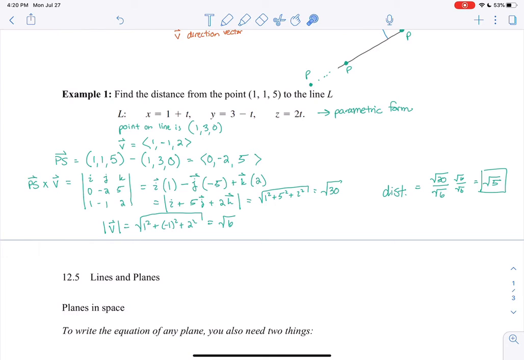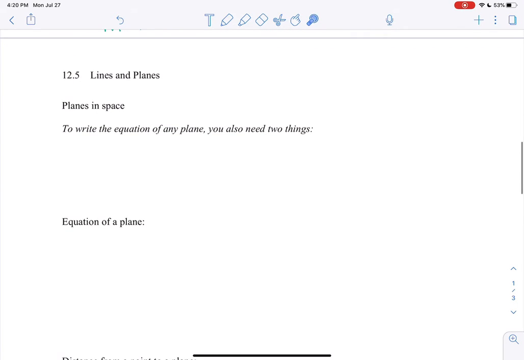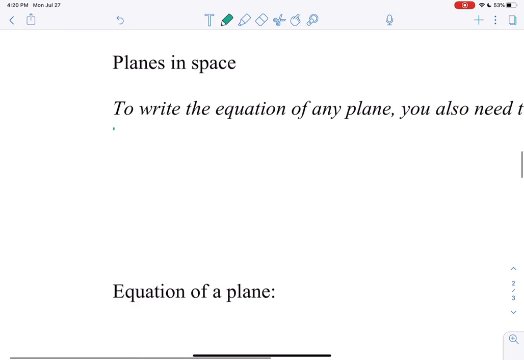Okay, now let's take a look at planes in space. To write the equation of any plane, you also need two things, just like with a line. With a line, you needed a point and a direction vector. With a plane, you need a point on the plane, and you need what's called a normal vector to the plane.